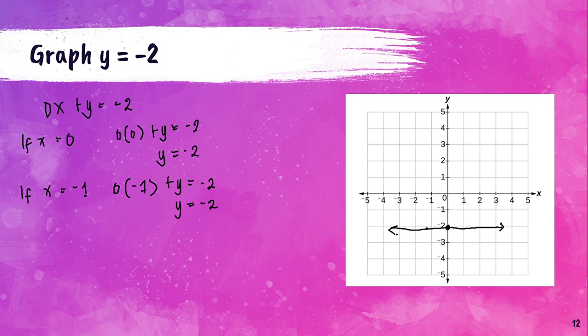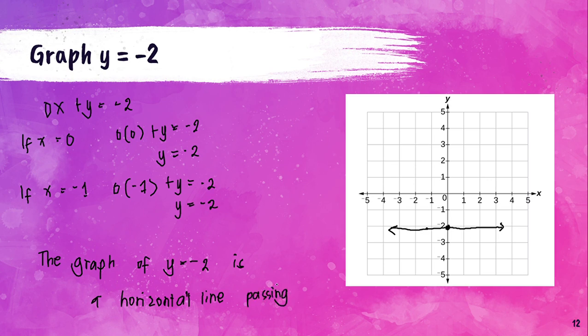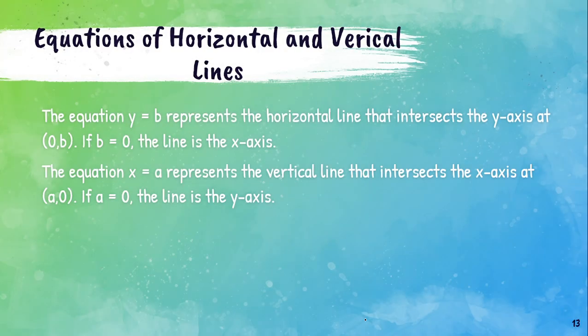So the graph of y is equal to negative 2 is a horizontal line passing through the point 0, negative 2.